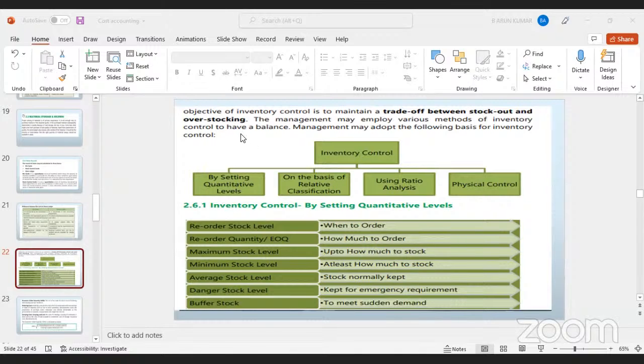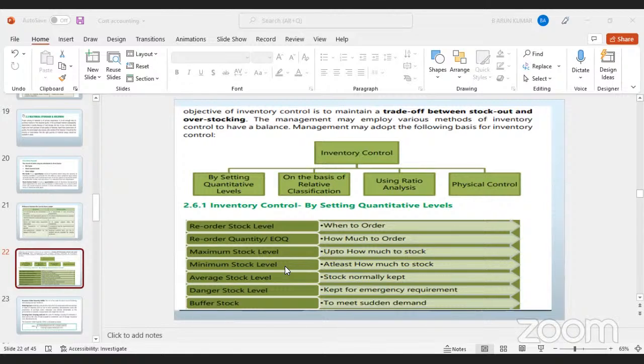The objective of inventory control is to maintain a trade-off between stock out and overstocking. It means we are minimizing the cost. We purchase only the quantity of material we want. Otherwise, we face different types of problems regarding storage.